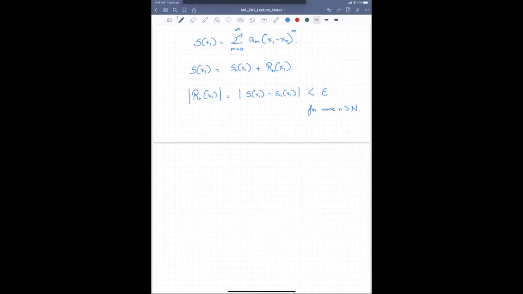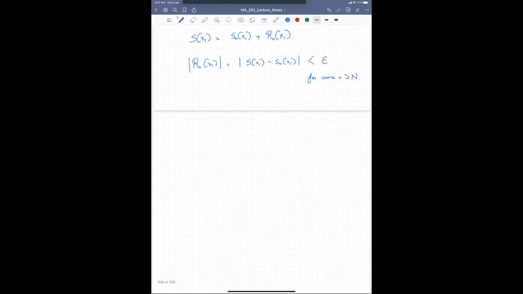Technically, this is what it means. If you choose epsilon to be 10 to the minus 3, and it so happens that for this particular series this happens at n equals, I don't know, 25, then what it means is that every partial sum beyond 25 lies between S of x1 minus epsilon and S of x1 plus epsilon.